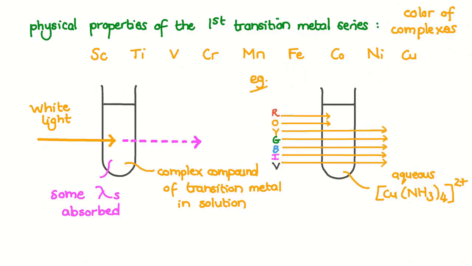For example, this complex transition metal compound, when in aqueous solution, absorbs the red and orange wavelengths of white light. However, yellow, green, blue, indigo, and violet pass through without being absorbed. The mixture of these emerging wavelengths appear pale blue-green or cyan to the human eye.